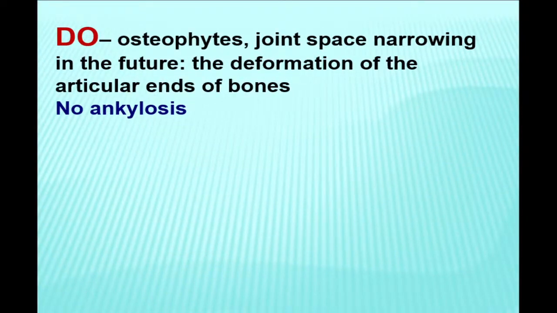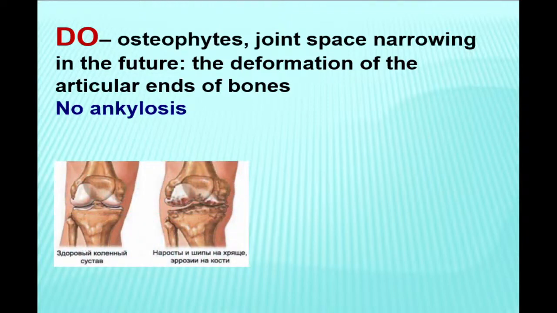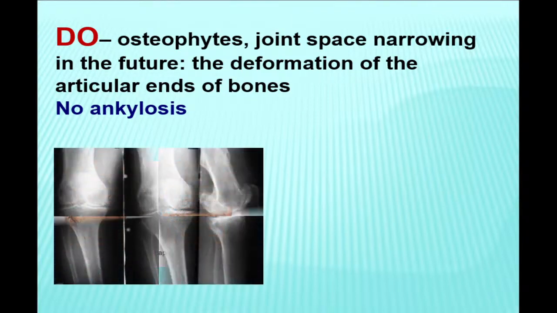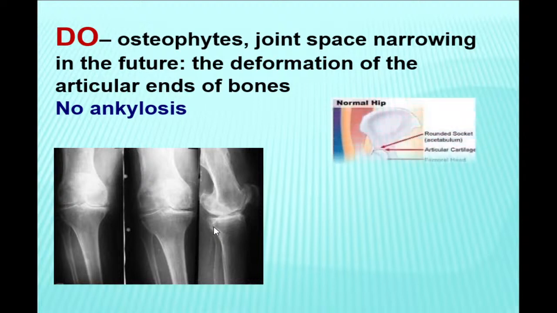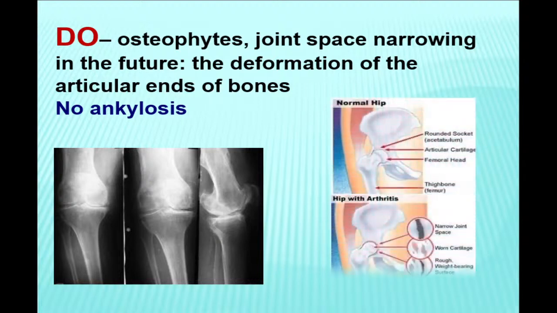Deformed osteoarthritis also affects joint space, but no ankylosis and no significant osteoporosis. You can see on the X-ray examination a problem with the slit, but not such an intensive process in the nearby bones, and no ankylosis.